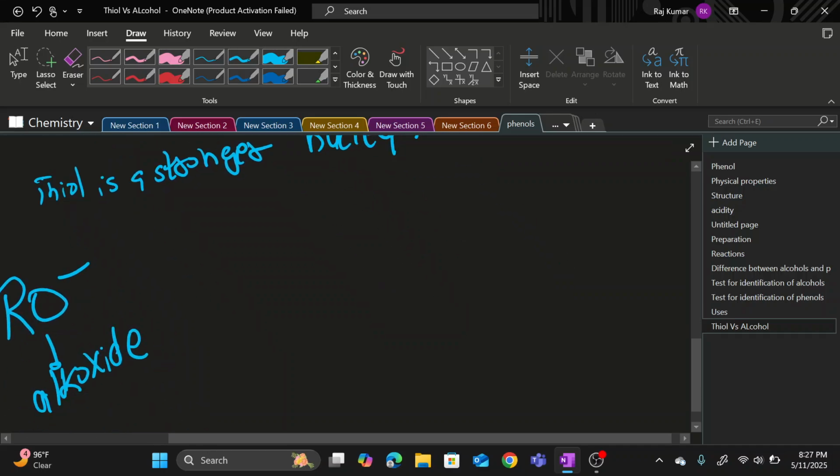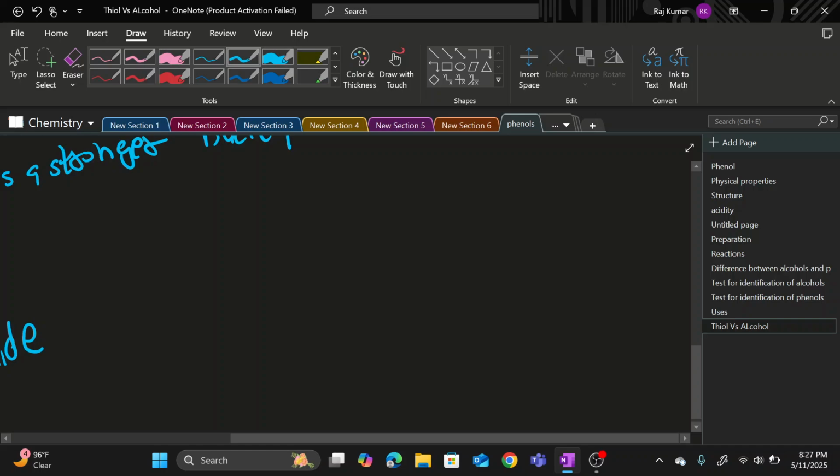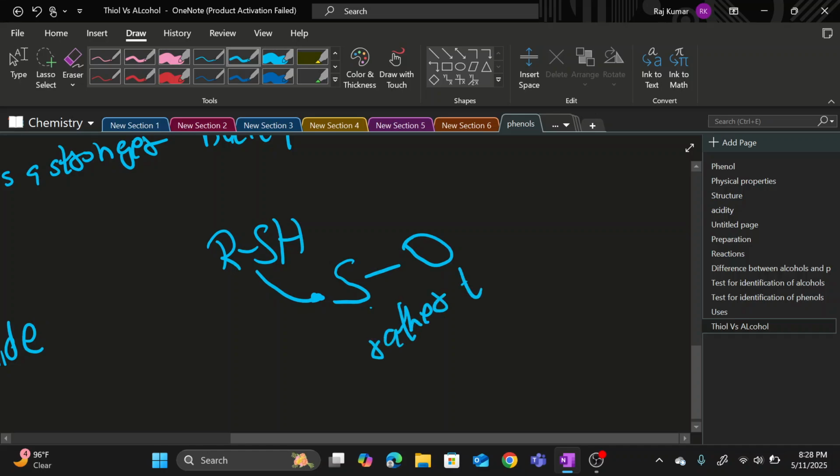And there is another important thing that I would like to discuss, which is the oxidation. When thiol is going to oxidize, it is going to oxidize into a sulfur to oxygen system, rather than a sulfur to carbon system.